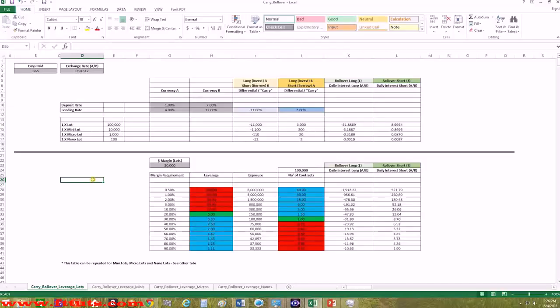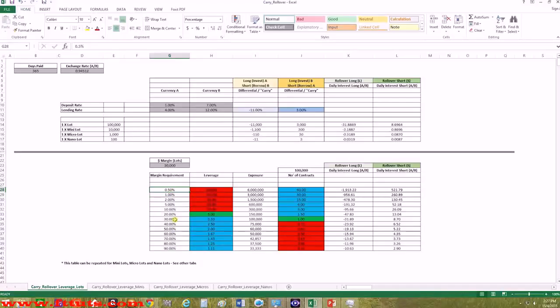So what we've got is another assumption, and this is the amount of margin that you put in your trading account. And down the left-hand side here, we have the various margin requirements. We start off with 0.5% margin requirement, which is 200 times leverage, all the way down to 90% margin requirement, which is basically almost 1-for-1.